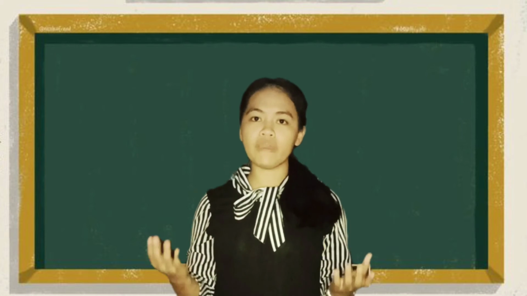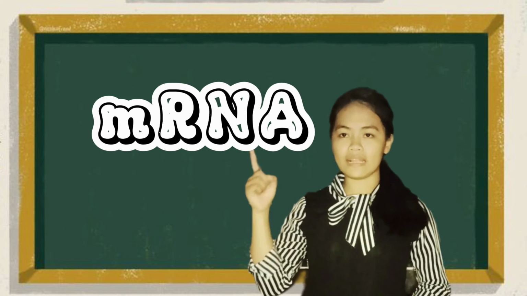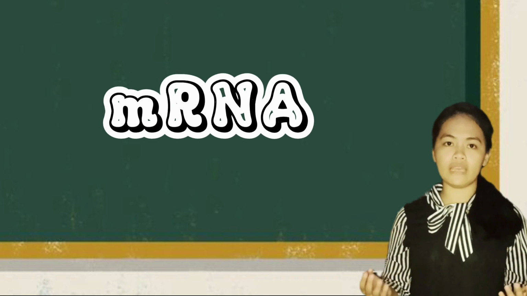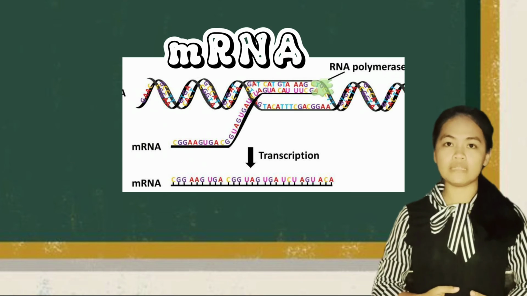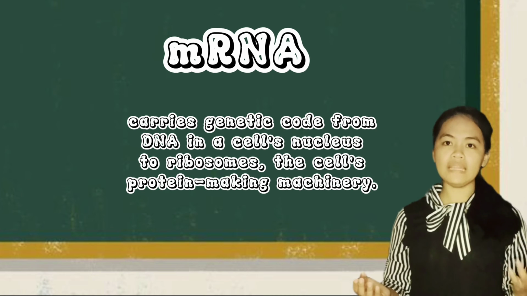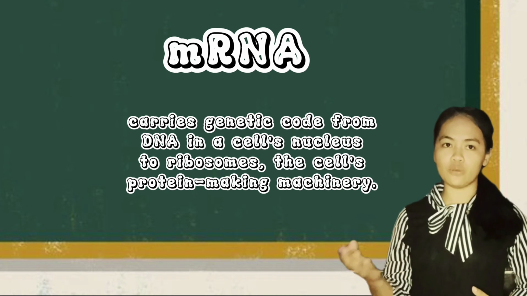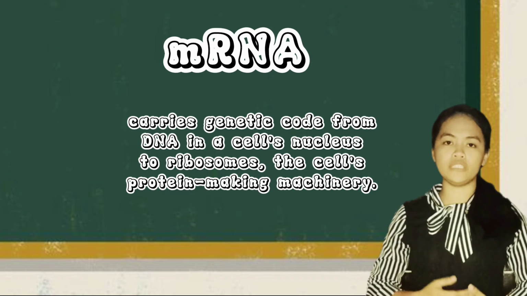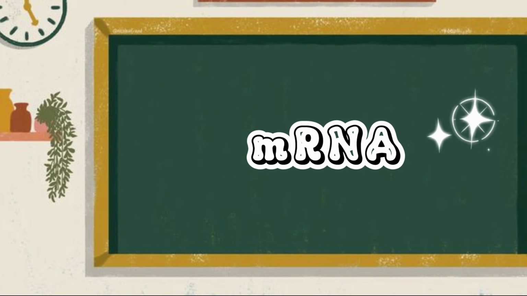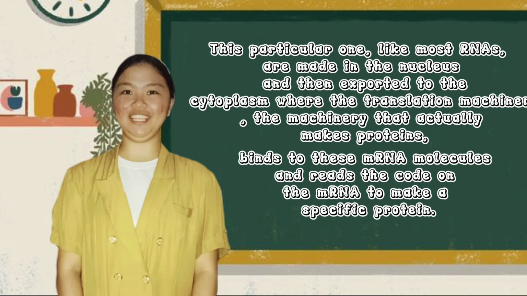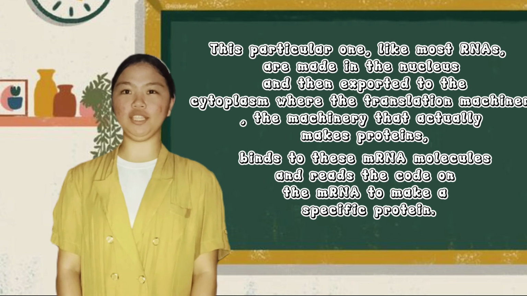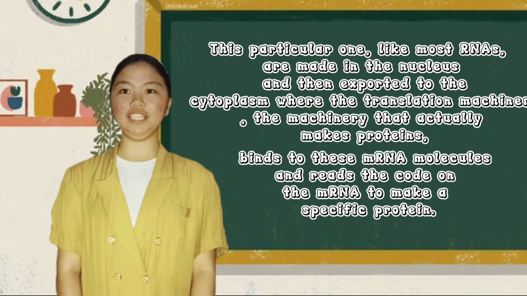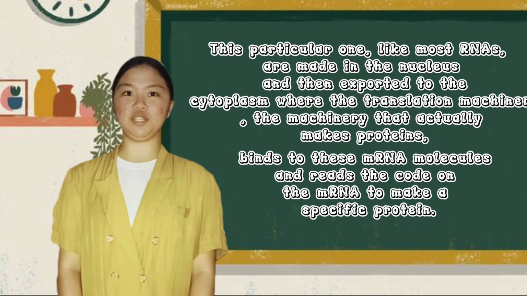It looks like mRNA is taking the spotlight, so we are here to give it to them. Let's tackle mRNA. mRNA is a single-stranded molecule that carries genetic code from DNA in a cell's nucleus to the ribosome, the cell's protein-making machinery. Messenger RNA is a single-stranded RNA molecule that is complementary to one of the DNA strands of a gene.